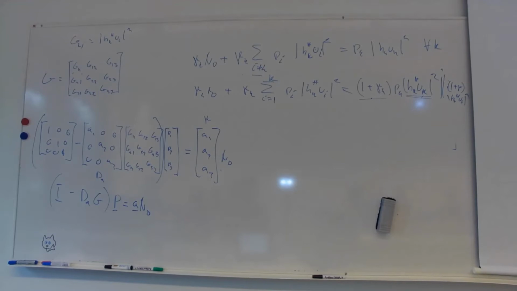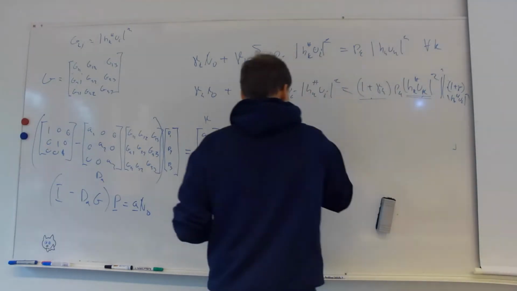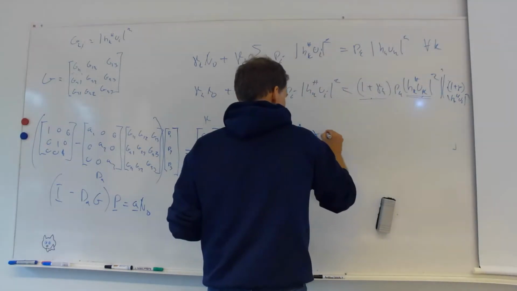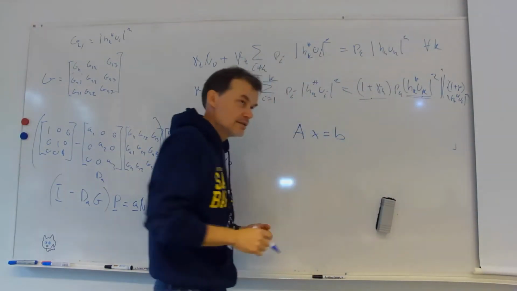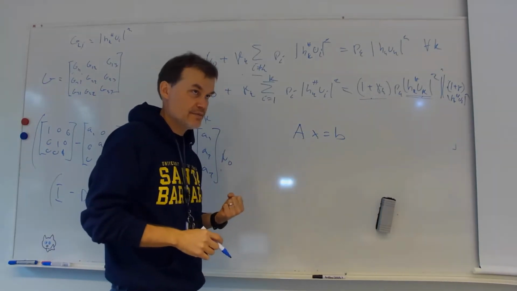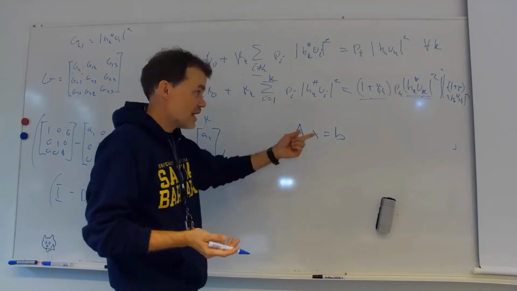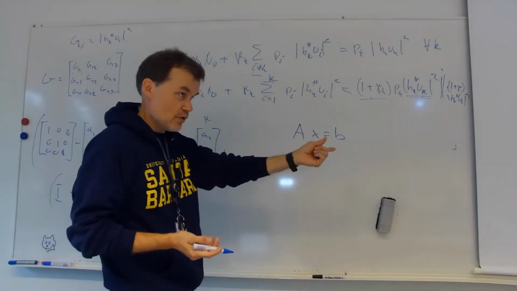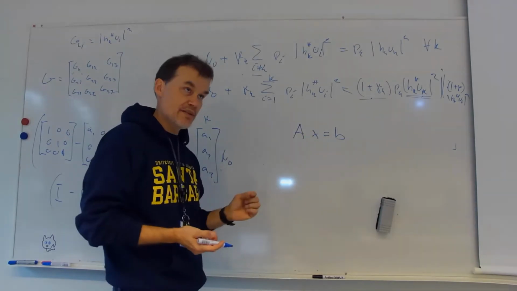Now it's just like any system of equations, how to solve for P. If you have A times X equals B, you solve X by inverting A or using the pseudo inverse. In this particular case it is always a square matrix, right?